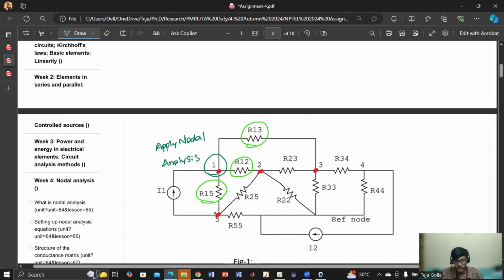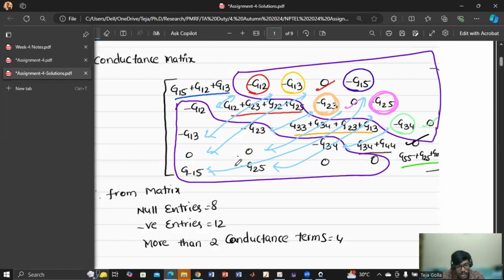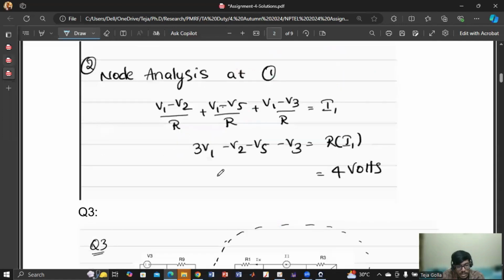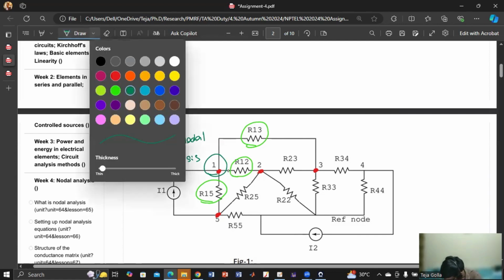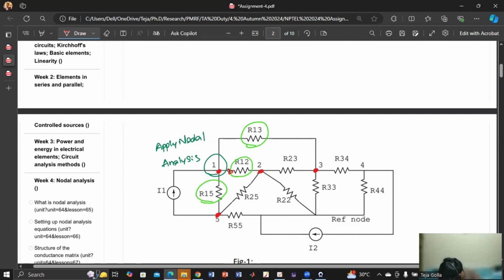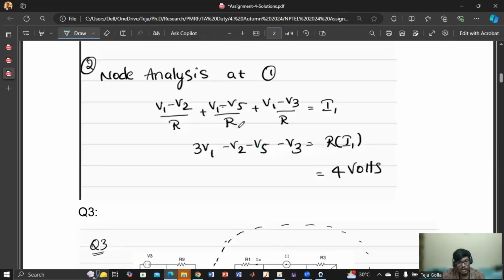But if you apply nodal analysis, what you are going to get is V1 minus V2 by R12. Say the currents are flowing in this direction: V1 minus V2 by R12, V1 minus V5 by R15, V1 minus V3 by R13 is equal to I1.